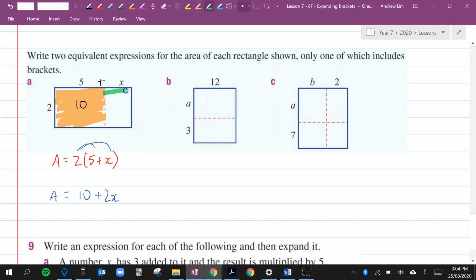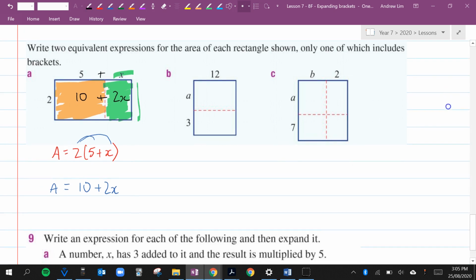Well, if we want to work out the area of this green rectangle, it's x times 2, which is 2x. So the total area of the big rectangle is 10 plus 2x. Pause the video, have a go with question B and C.